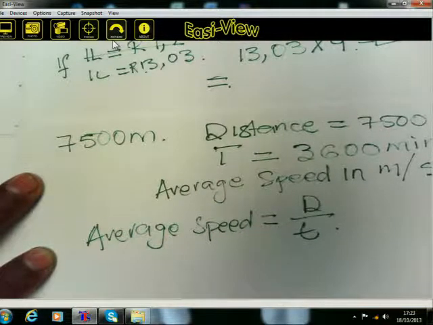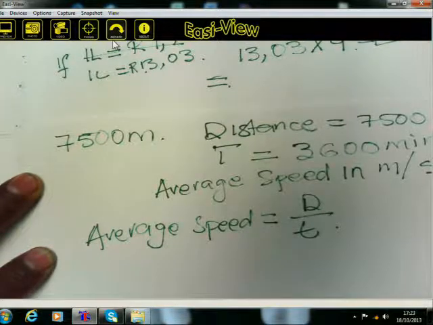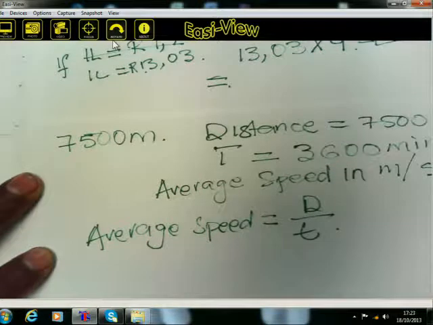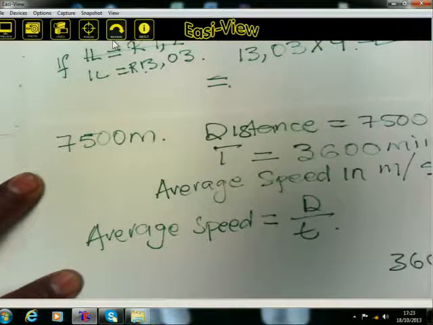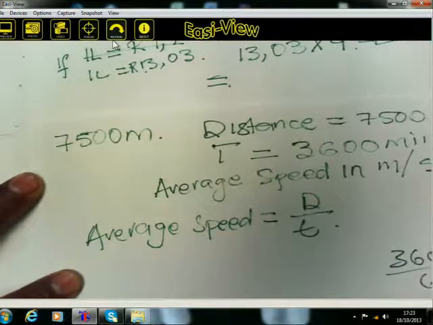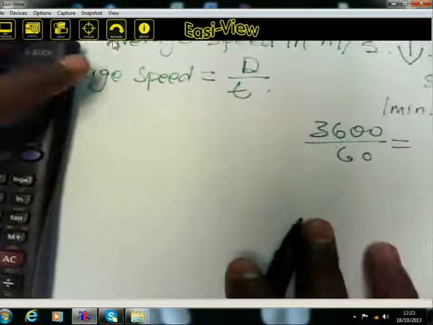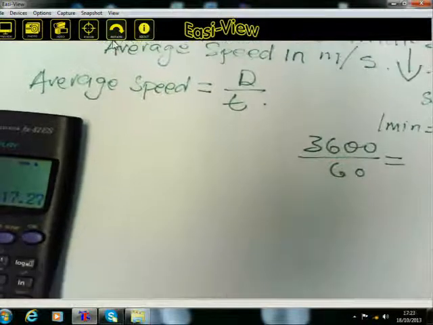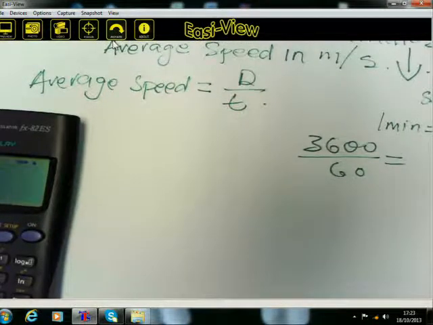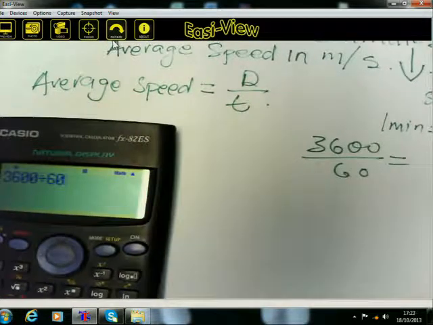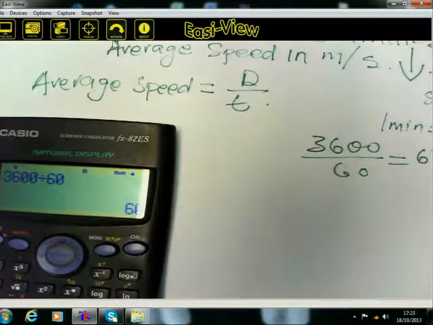We know that 1 minute is the same as 60 seconds. 3,600 divided by 60, no. We are converting from a bigger unit to a smaller one.